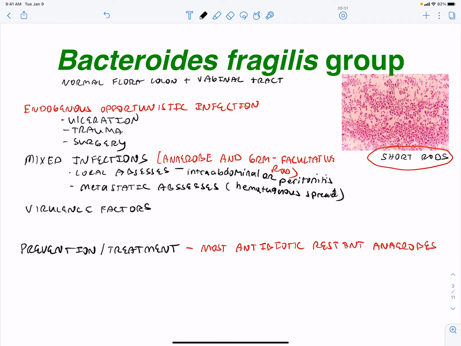Now, these are going to be some of the most frequently isolated anaerobes from all the human infections, our Bacteroides.